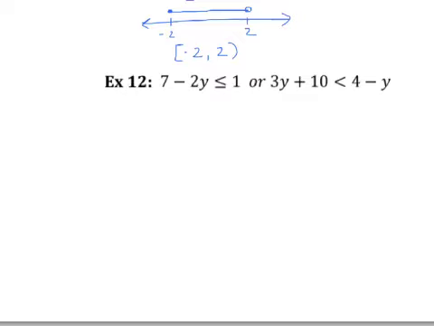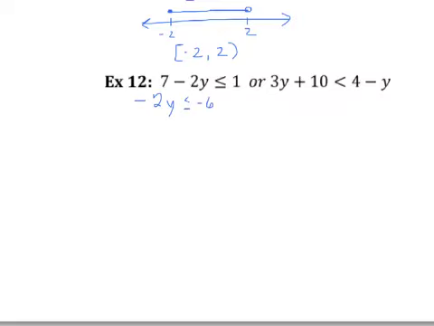Okay, this one is an OR problem. How do we know it? Well, for one thing, it tells us it's an OR problem. Or at least we think it's an OR. So we're going to see. So we're going to solve these two inequalities separately. So the first one on the left, I'm going to subtract 7 on both sides. So that gives me -6.